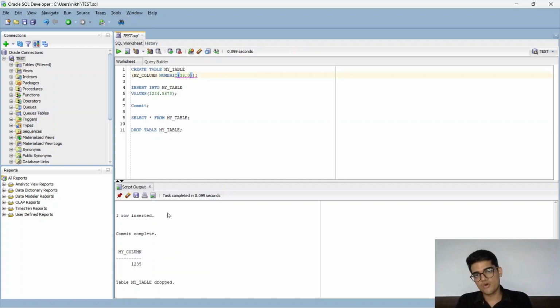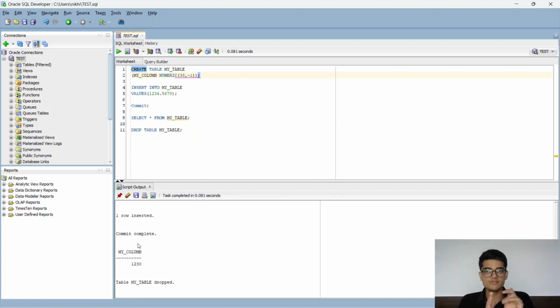Our value rounded off up to 0 decimal points, or say without a decimal point. Now I am using -1. Please notice the change. Here we are getting 1234, 1235, and if I am using -1, we will get 1230. So now it started to round off before the decimal point.